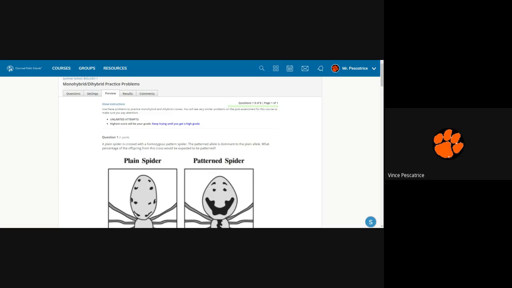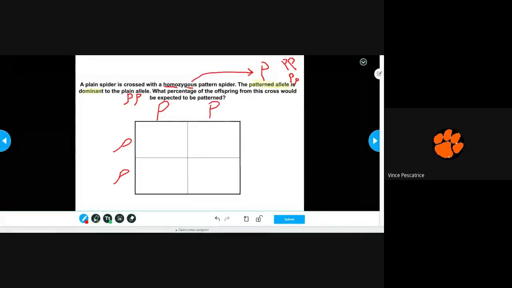My lowercase p's have tails, so I'm going to make a little tail on it. When you do this cross, the P up here is donating one P, and then the p from the plain allele is donating one as well.